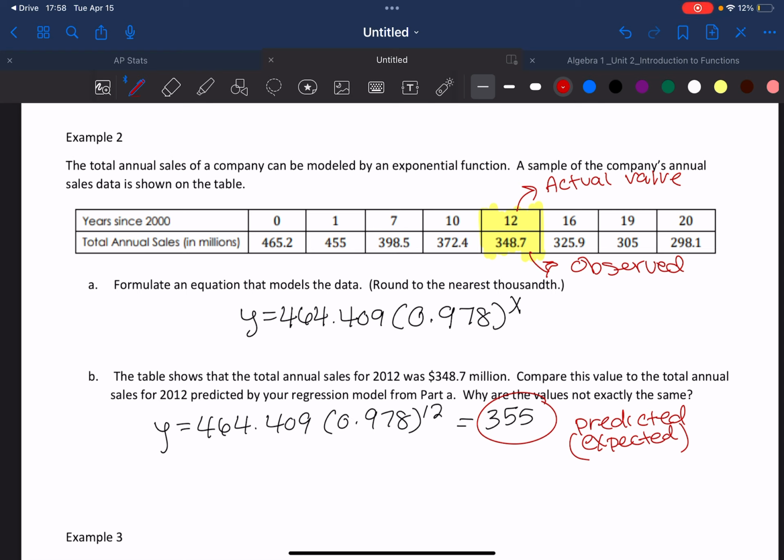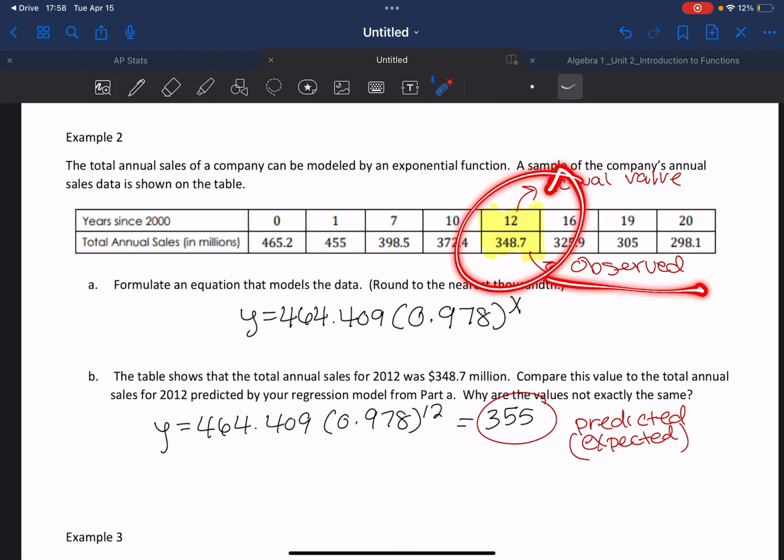The only reason that these values are different is because 2012 has already happened, and they already observed that the annual sales was 348.7 million, okay?